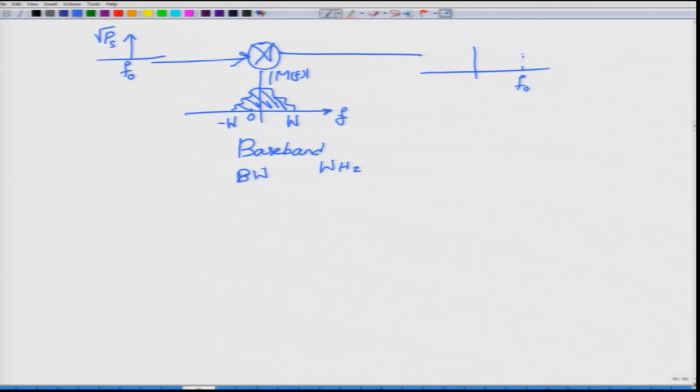So, this is just used to hold the place where f naught is, this is on the f axis of course, and then around this will be your baseband spectrum. Okay. So, around this is your baseband spectrum of whatever bandwidth that you now have. The highest frequency here will be f0 plus W, the lowest frequency here will be f0 minus W.